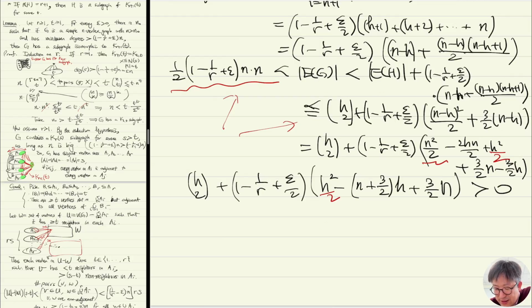Right, it's h squared plus 3 over 2 times n, minus 3 over 2 times h.